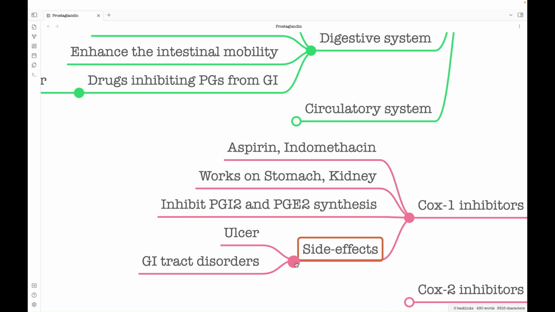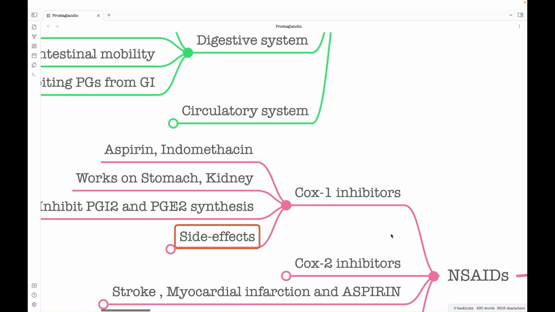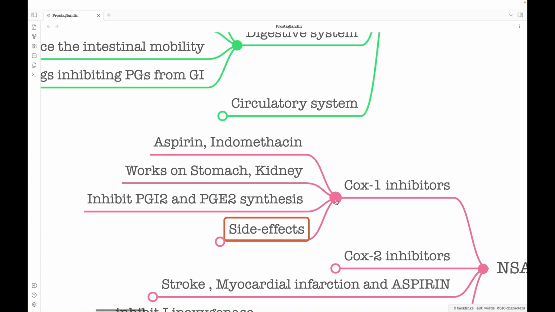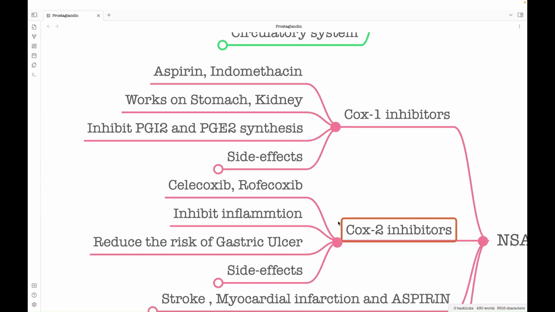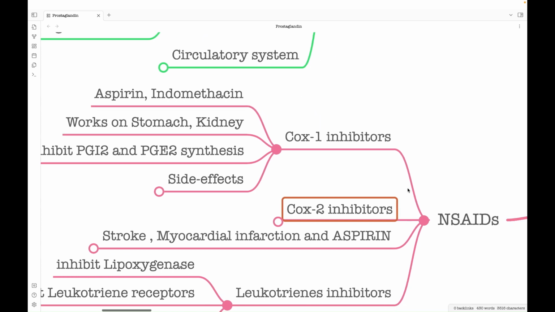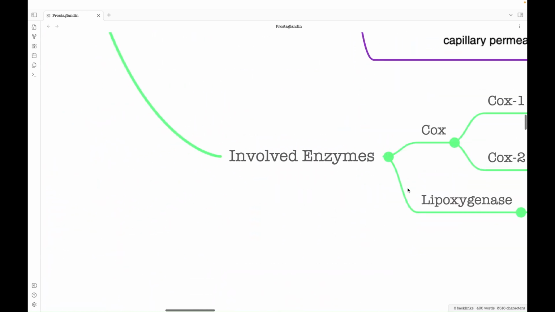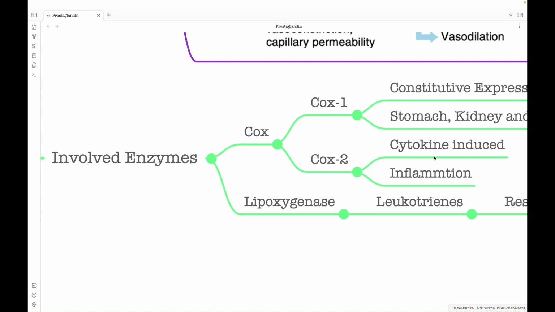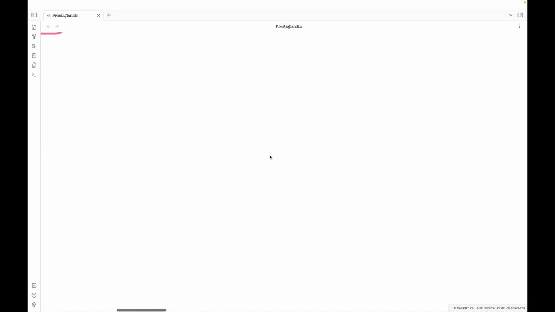To reduce this kind of side effect, scientists and pharmaceutical companies produce COX-2 inhibitors, because, as we have already mentioned, the COX-2 enzyme is associated with the formation of prostaglandins only when there is an induced cytokine level. Whenever the cytokine level is increased in our body, only then will COX-2 work and produce prostaglandins.